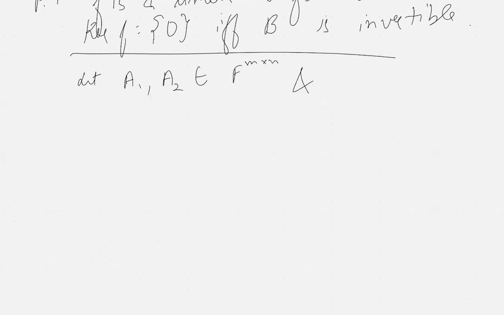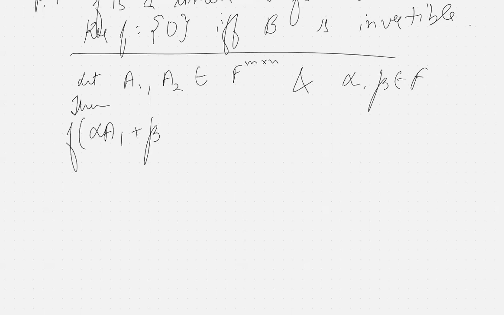Then f(alpha A1 + beta A2). What is the relation? f of any element is that element multiplied by B. So (alpha A1 + beta A2) multiplied by B. This is the case of multiplication with matrices; the distributive law is always followed.